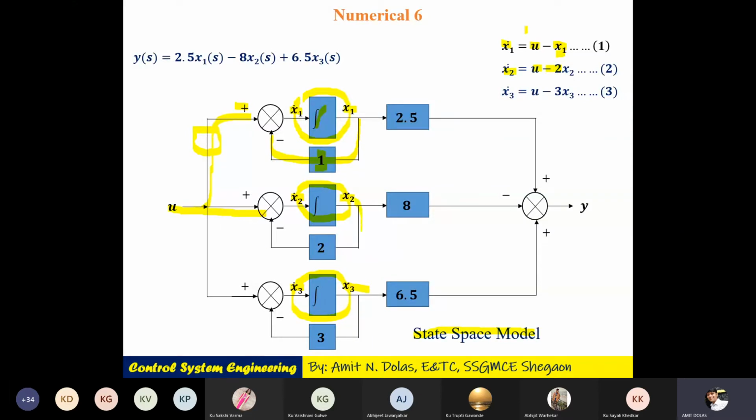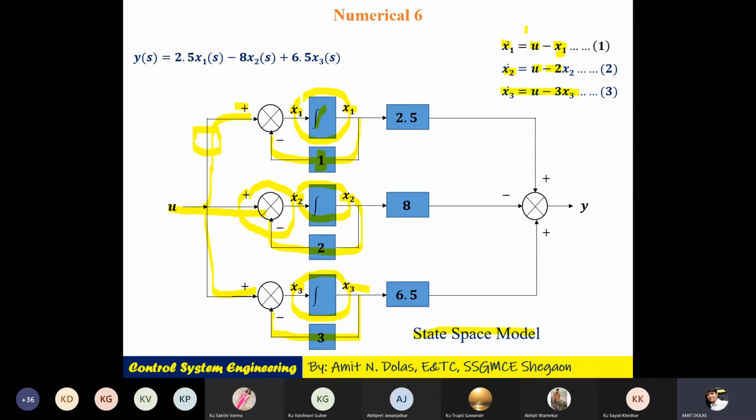So a line from x2 goes through 2, with a minus sign. For x3, u is directly connected with plus sign, and x3 is through gain 3 with minus sign.